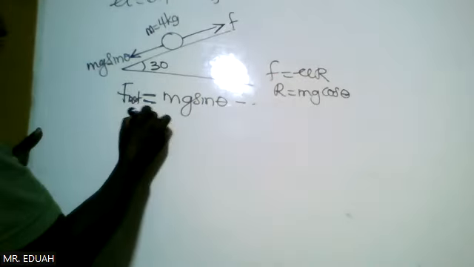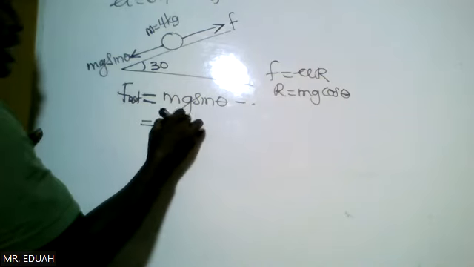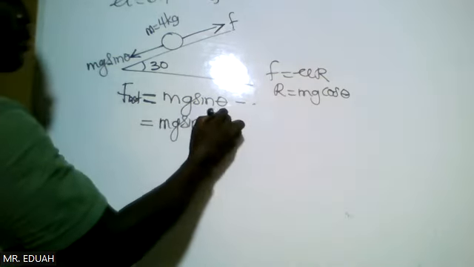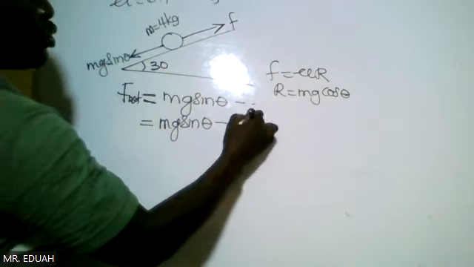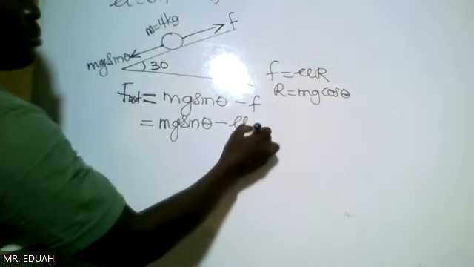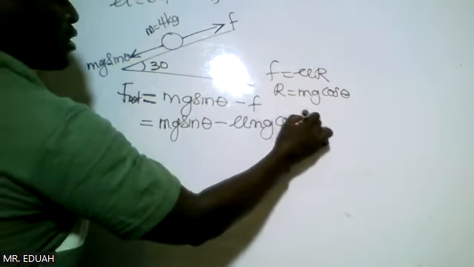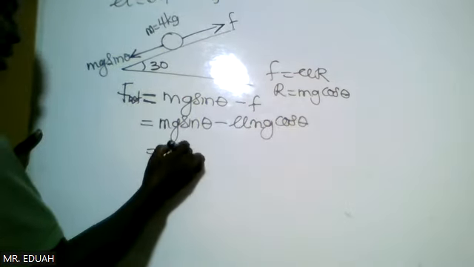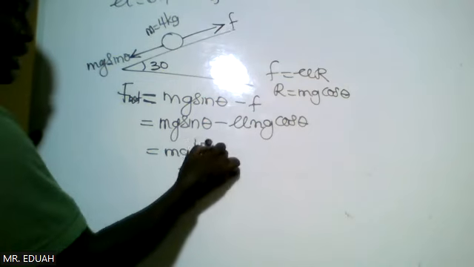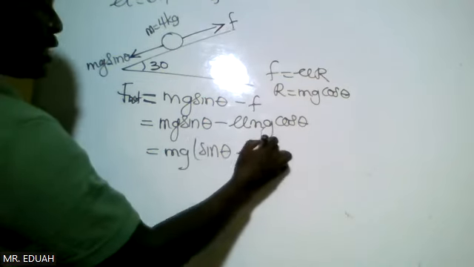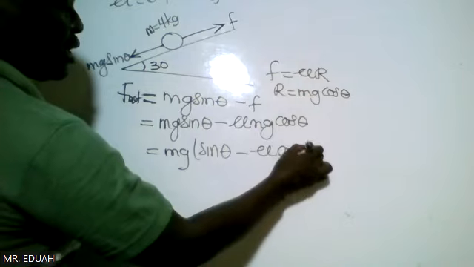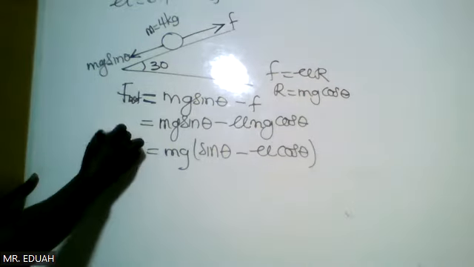So we have mg sin theta minus mu mg cos theta. So we have mg out, sin theta in, minus mu cos theta within, for the Fnet.